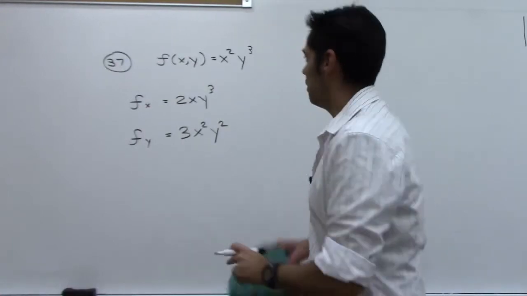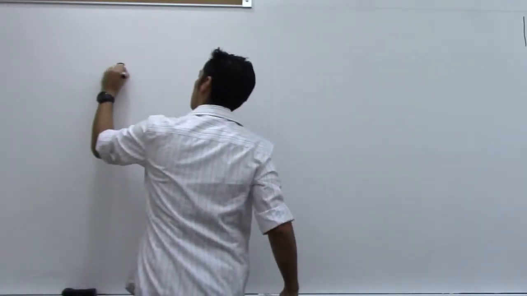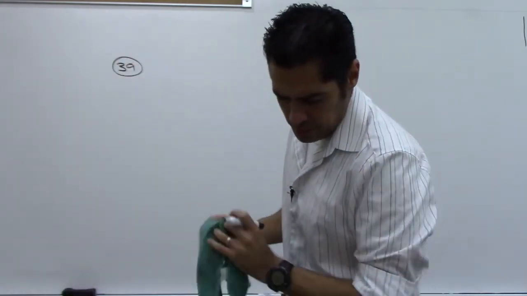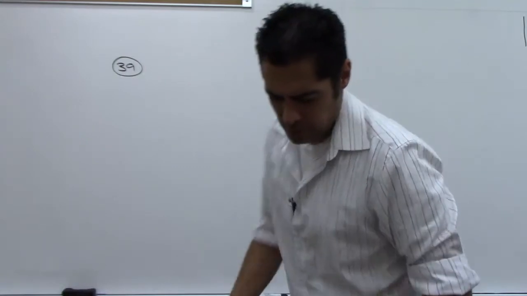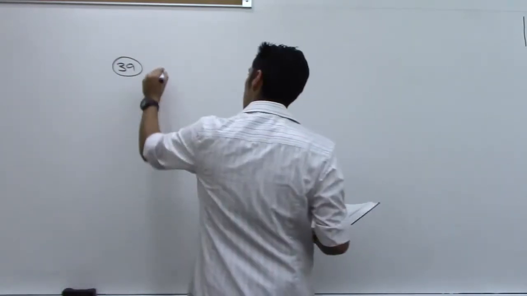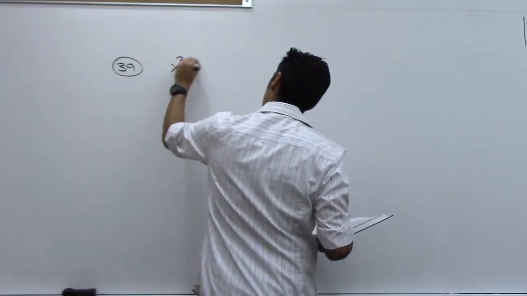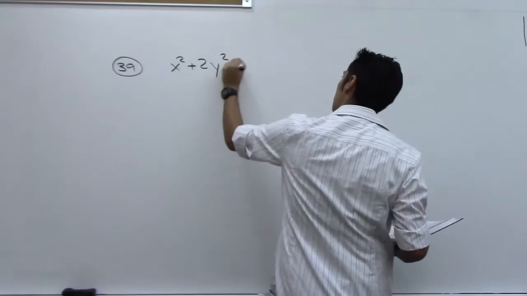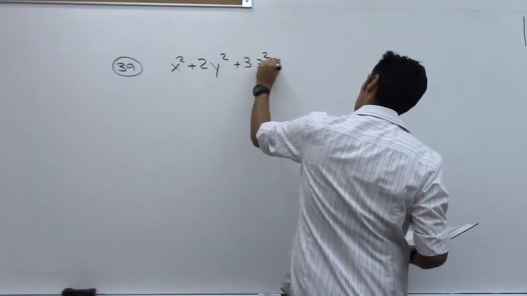All right, let's look at 39. Use implicit differentiation. So we have x squared plus 2y squared plus 3z squared equals 1.